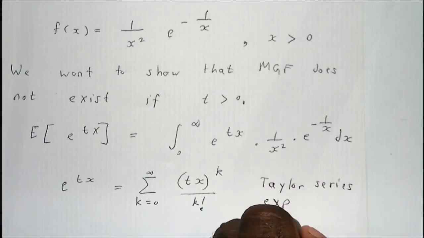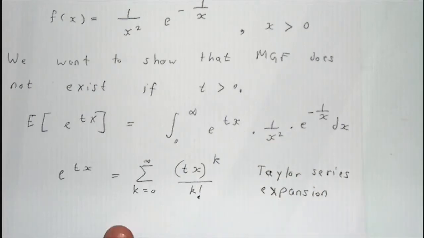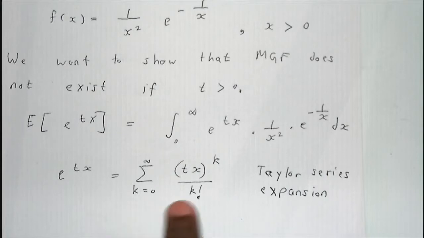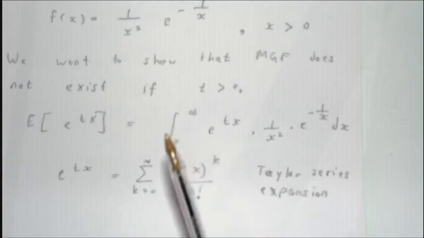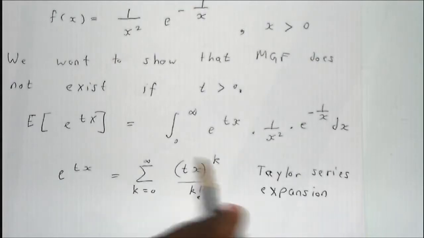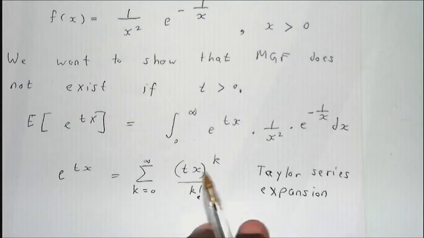I'm sure you've seen this before. Now, since we are assuming that t is positive and x is also positive because you're integrating from 0 to infinity, what you're doing here is summing an infinite sum of positive numbers.